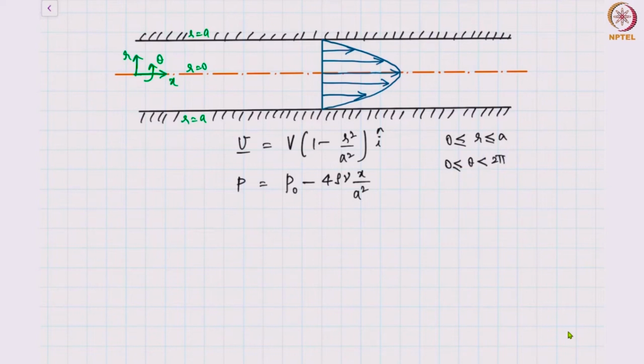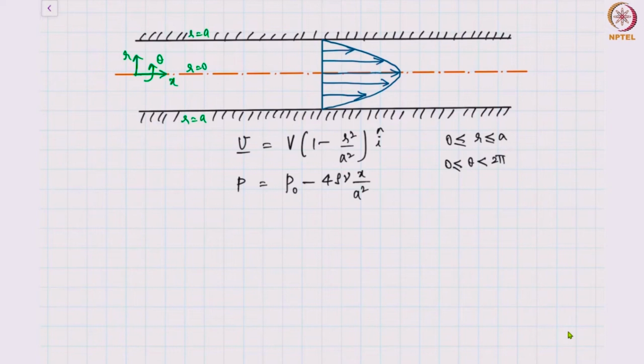What about x? Once it has reached a fully developed flow, it does not change anymore. So if the pipe is very long, and the flow is laminar, which means that the Reynolds number has to be sufficiently low, then the flow will basically forget about the initial condition and become a parabolic velocity profile.